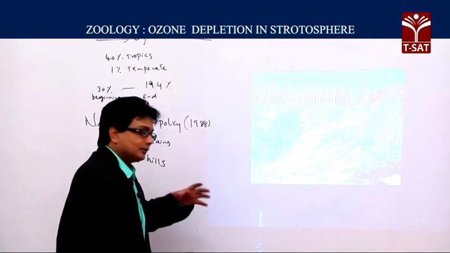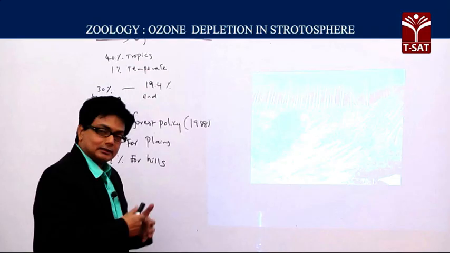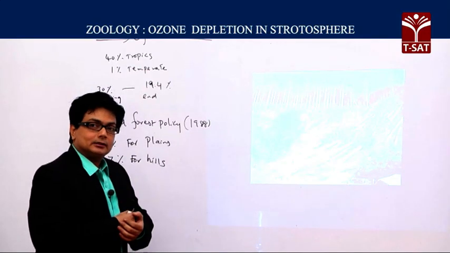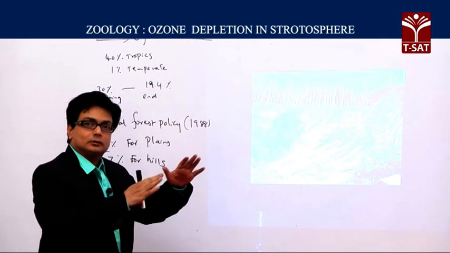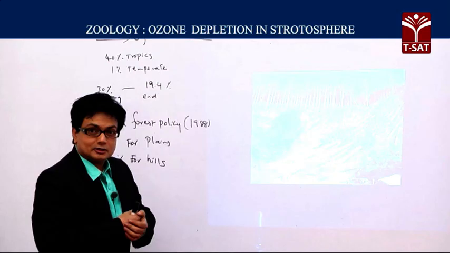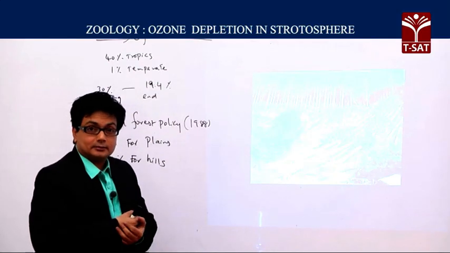And let's see through the journey of this in the century. At the beginning, the total coverage was around 30%, and at the end of the century, it shrunk to about 19.4%.